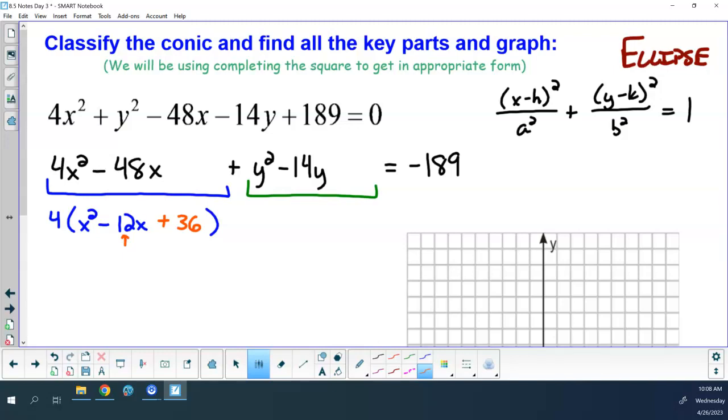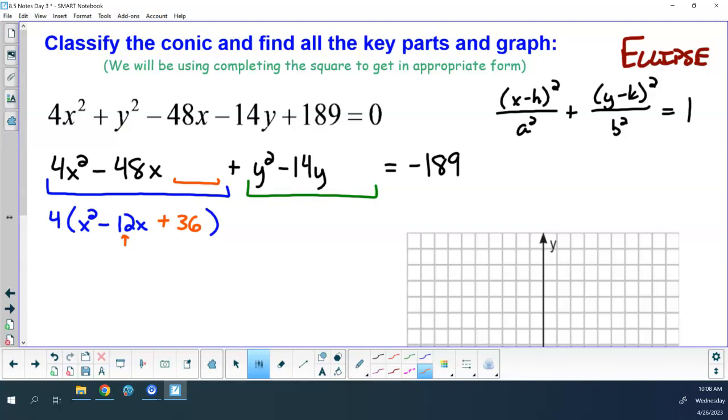If I were to go back up a step, what would this gap here be filled with? Throw another 4 on it.